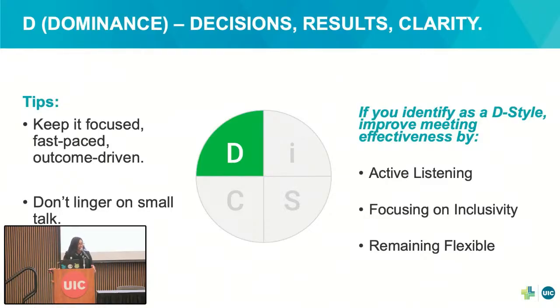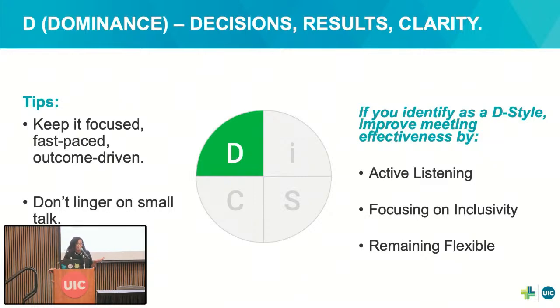We know they can sometimes take over a conversation and move it forward. So if you are a D style, encourage the others who are quieter, the S and C styles, who can have less of a dominant personality, to feel actively engaged in the discussion.